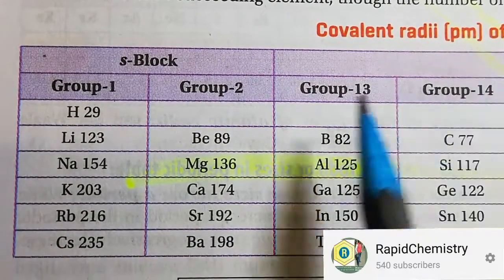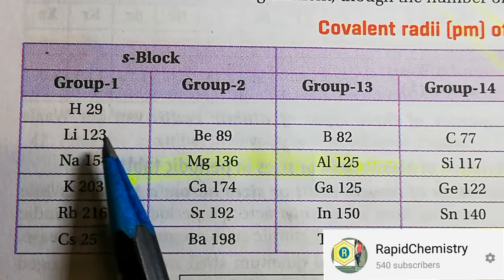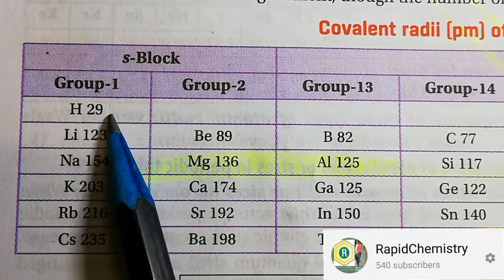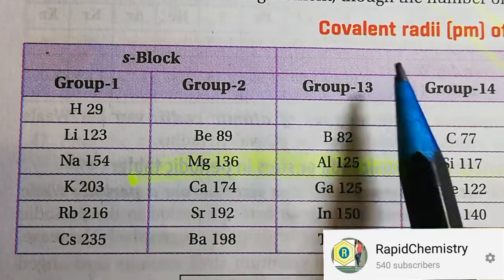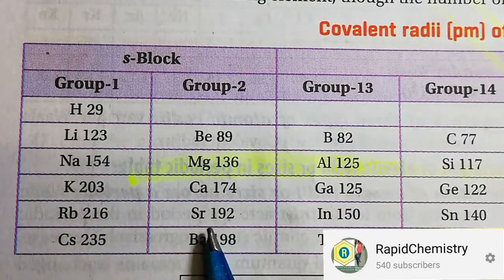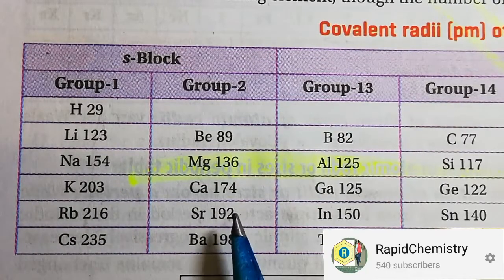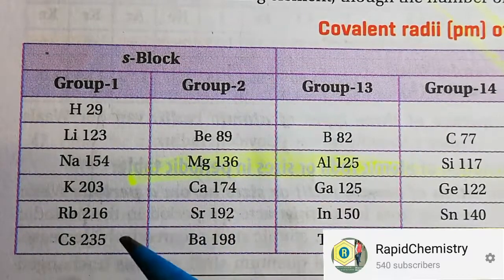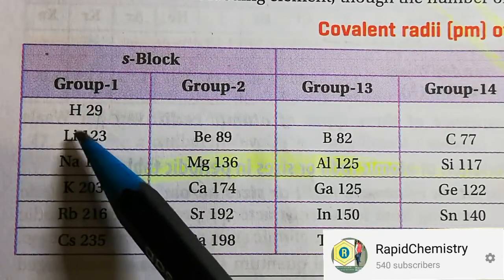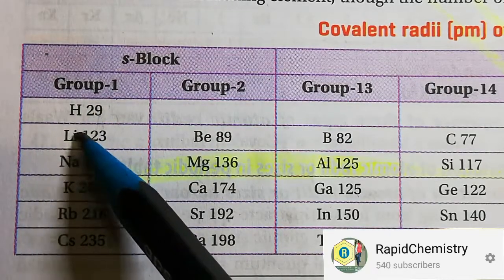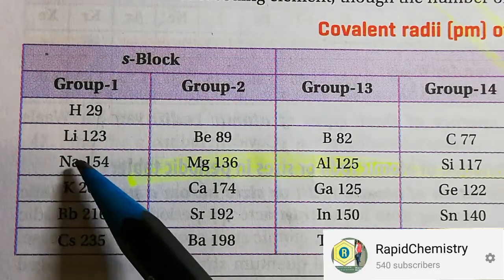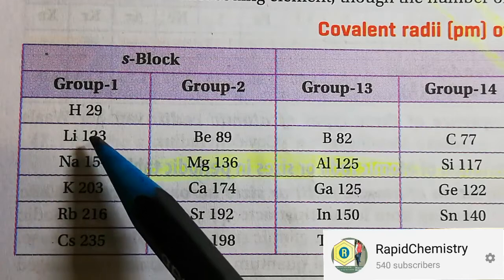From hydrogen to lithium, lithium to sodium, the atomic radii increases. Here the covalent radii is taken, so it increases, and that can easily be explained on the basis of the addition of newer shells. From hydrogen to lithium one new shell is added, and from lithium to sodium another shell is added, and that's why size is increasing remarkably.